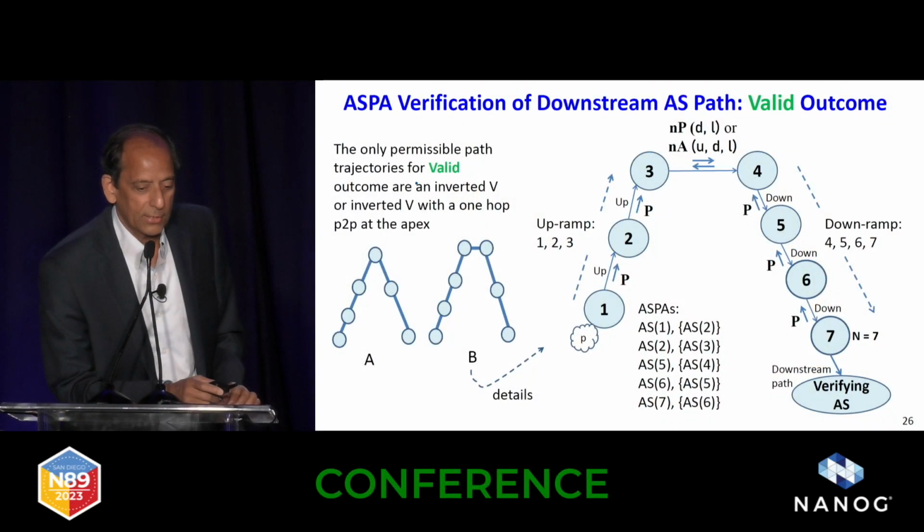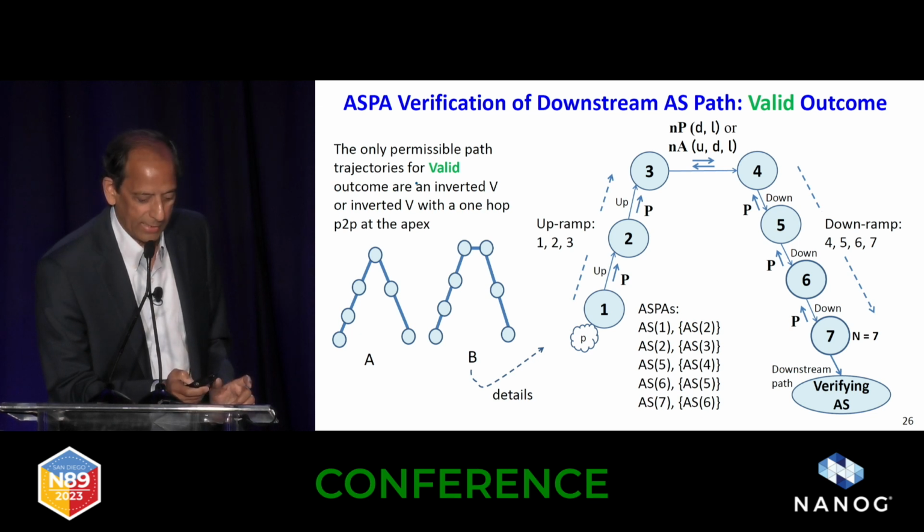If we go back and look at this slide, in this case 3 would have an ASPA, but it would not include 4 because 4 is a lateral peer. Still the path is valid, because at the apex the route is allowed to travel 1 hop laterally and then start to go down. That is built into the algorithm. So 1 hop is allowed to be lateral at the top, at the apex.